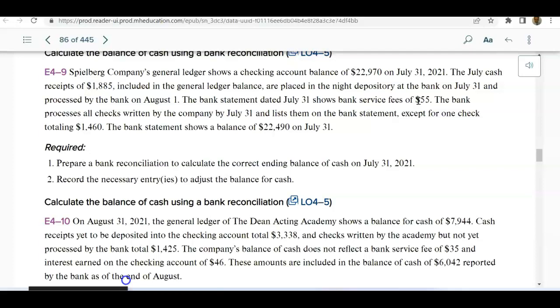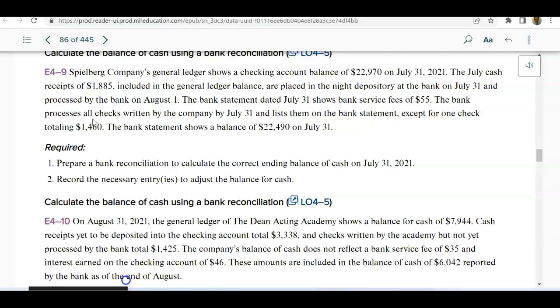Liability has a normal credit side balance, right? But when they want to deduct money from your account, like $55, they debit it. The moment they debit it, they call it a debit memo. So a debit memo is bad news for you as a company, because they debited your account and you will have less money because of that.